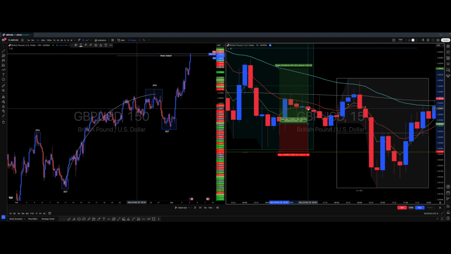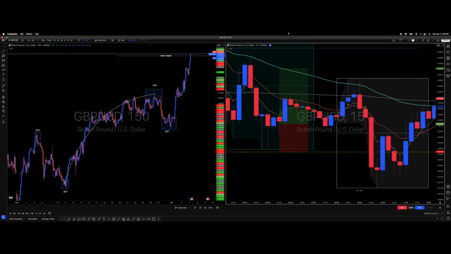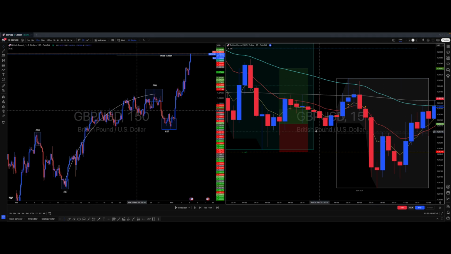There's going to be conservative traders and there's going to be aggressive traders. Conservative traders typically like to follow the rules, and then they just go ahead and get out after 6 candles. If you're an aggressive trader, you're probably going to let this go and let it either take you out or take you into take profit.